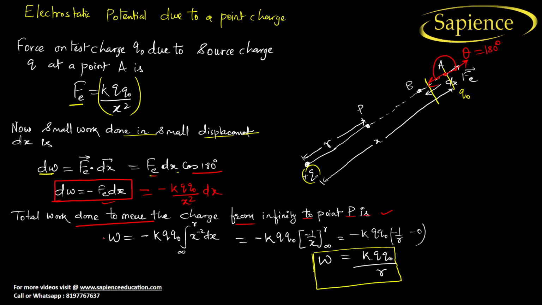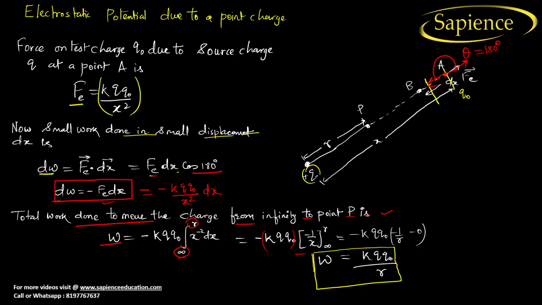Now, if you want complete work done from infinity to point R, we have to put the limits from infinity to R. So the work done will be equal to minus K Q Q naught into x to the power minus 2 into dx. When we calculate this, we get this.